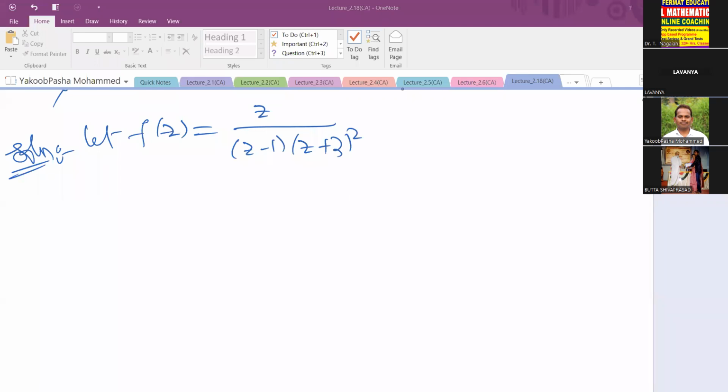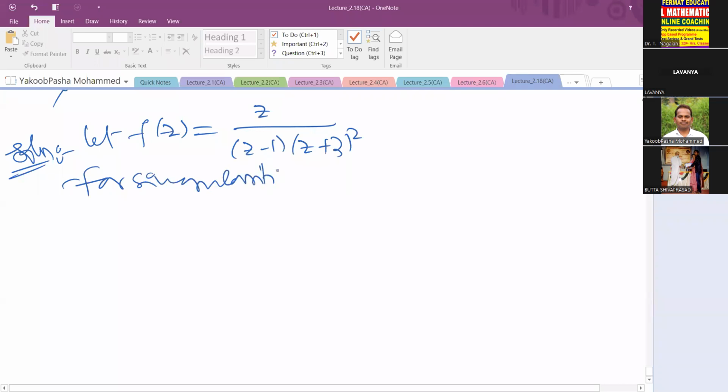So for singularities, the denominator (z minus 1) into (z plus 3) whole square is equal to 0. That is z is equal to 1, comma, minus 3. z equal to 1 is a pole of order 1 and z equal to -3 is a pole of order 2. So except these 2 points, the function is analytic.